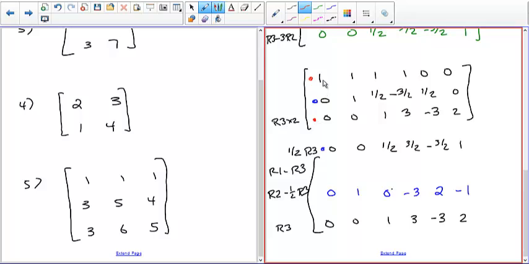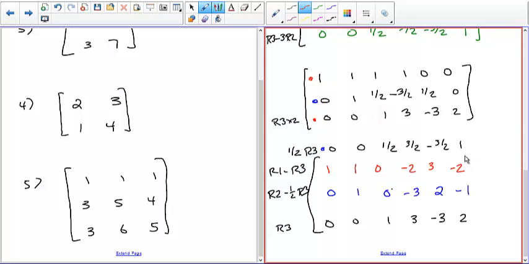So you get this minus that, which is 1. This minus that, which is 1. This minus that, which is 0. That minus that, which is negative 2. This minus that, which is 3 plus 0 plus 3, so that's 3, and 0 minus 2 is minus 2. Okay.